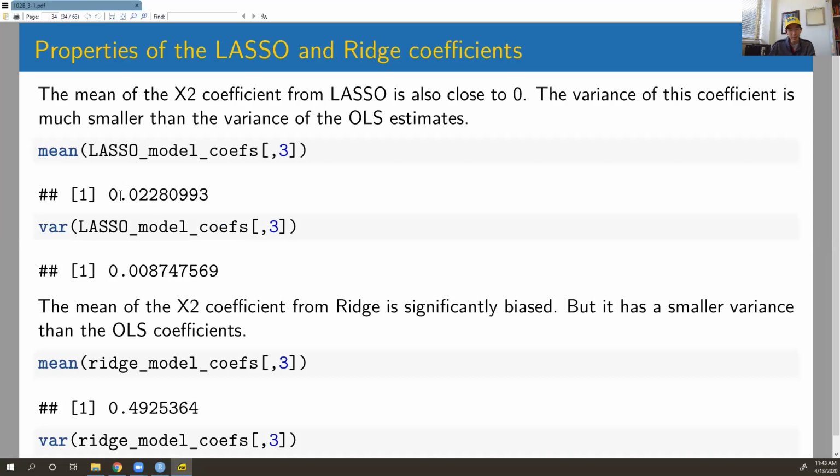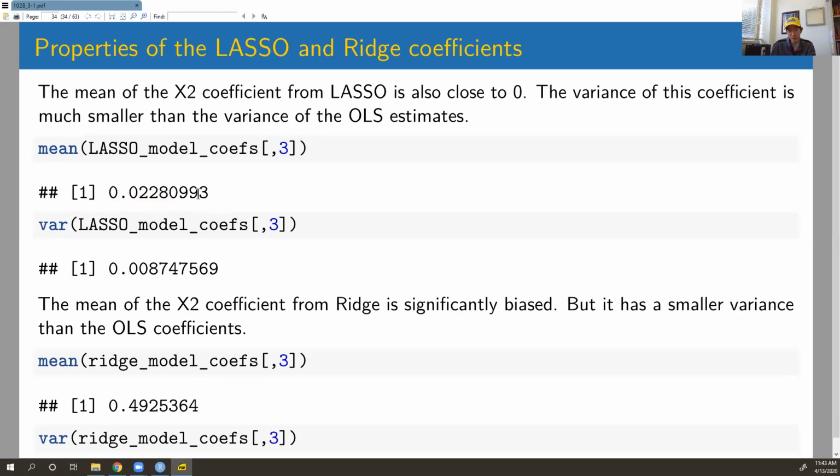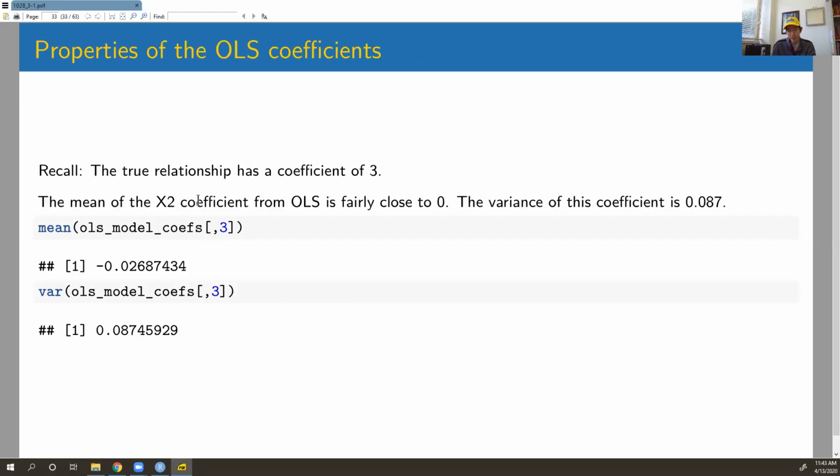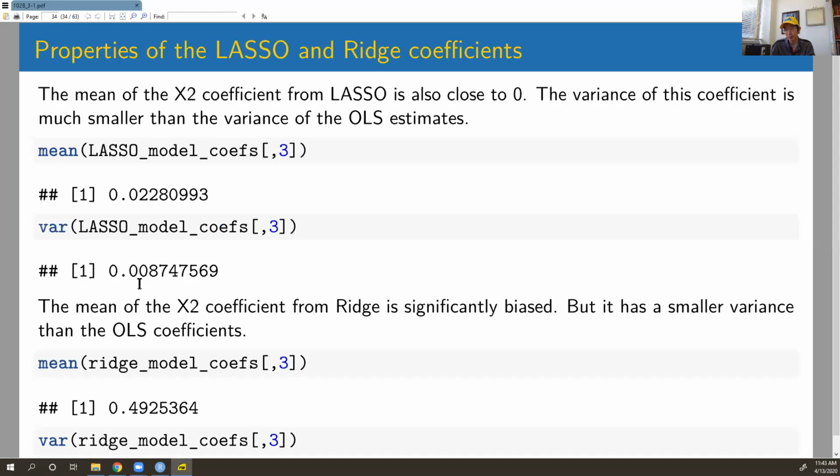For LASSO, the mean is also close to 0. There's technically a bias here: in the long run, the OLS coefficient will have a mean of 0, just maybe in our sample run of 100 we're not there yet. With LASSO, in the long run, our mean would not be 0. It'll probably be close, but not 0.